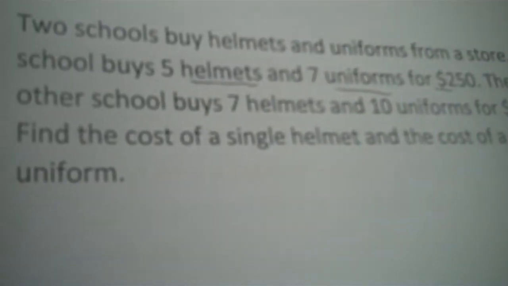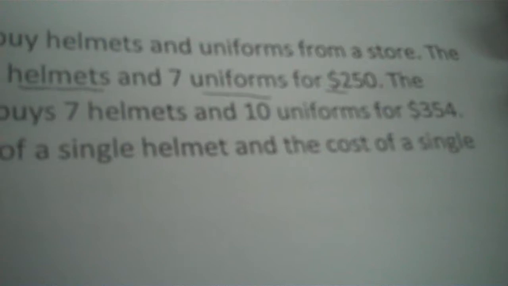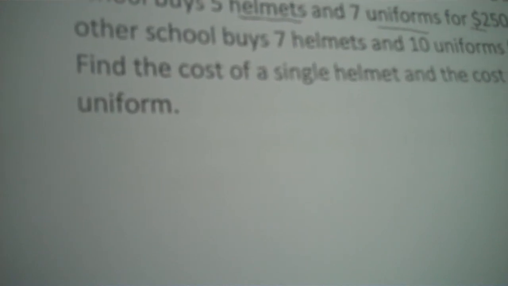Okay, 2 schools buy helmets and uniforms from a store. The school buys 5 helmets and 7 uniforms for $250. The other school buys 7 helmets and 10 uniforms for $354. Find the cost of a single helmet and the cost of a single uniform. So you have 3 units.